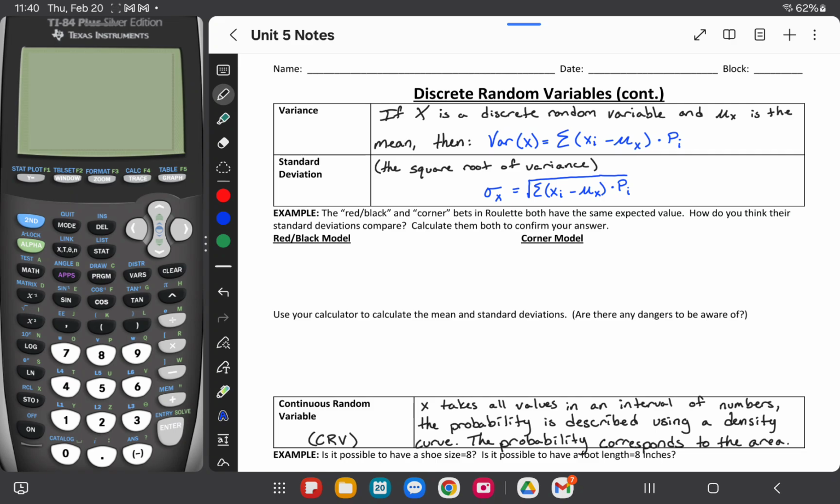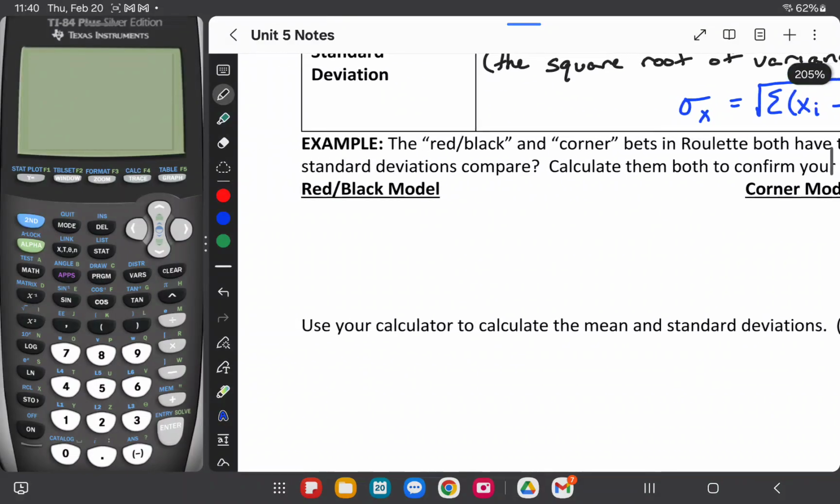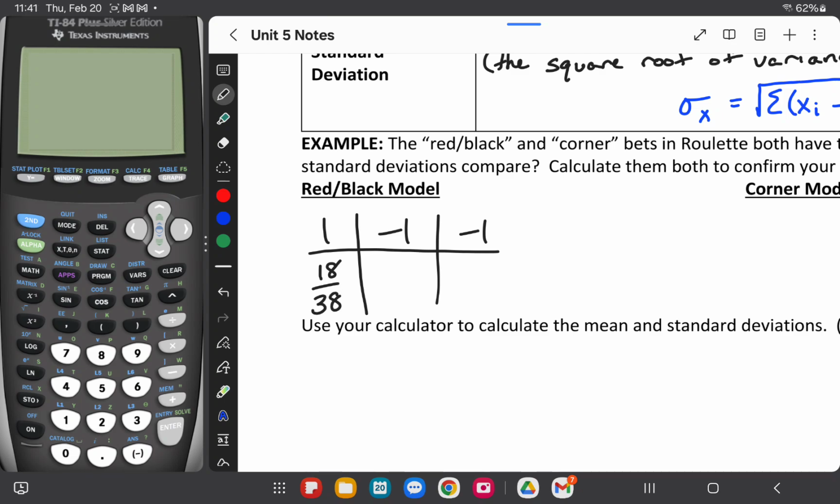So with the red-black model, just as a friendly reminder, the distribution for that was there were three possible outcomes, which were to win $1 or to lose $1. And remember, to lose $1, there were a couple different ways that could happen. So in order to win $1, it had to land on either red or black, which gave you an 18 out of 38 probability.